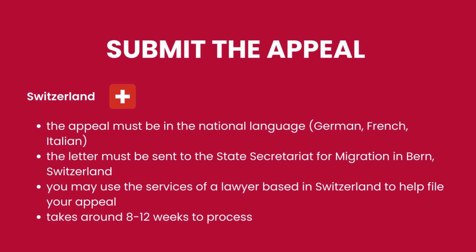I've handled many cases of appeal for Switzerland. The appeal must be in the national language, German, French, or Italian. And it must be sent to the State Secretariat for Migration. You may also use the services of a lawyer to help file the appeal. And take note that the process takes around 8 to 12 weeks.